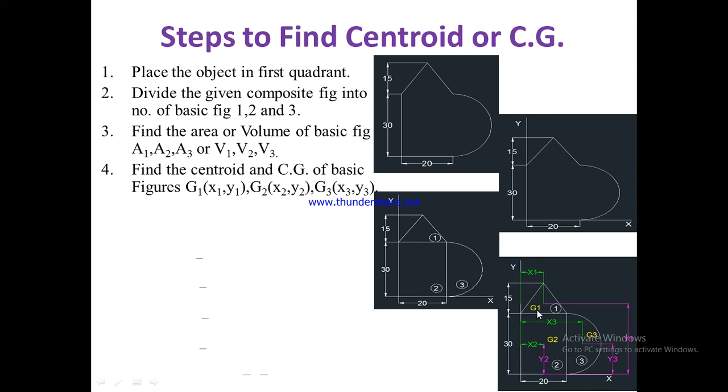These are the coordinates of the individual centroids. The formulas for x1, y1, x2, y2 and x3, y3 for the triangle, rectangle and semicircle we have already studied in the previous video. You can see the previous video; I will give the link in the description.